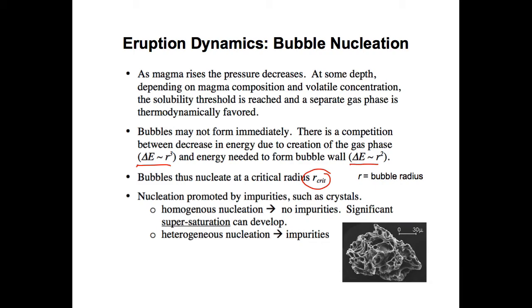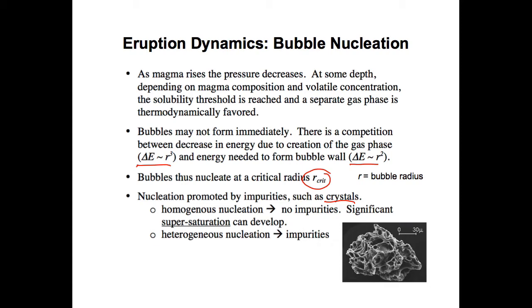So nucleation of bubbles is actually promoted by impurities in magmas. Those impurities could be things like crystals. Actually, if you look at a glass of beer, for example, and look carefully at where the bubbles are forming, you'll find that most often they're coming from the edge of the wall of the container, the glass.